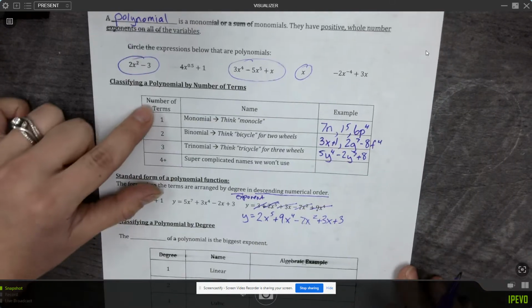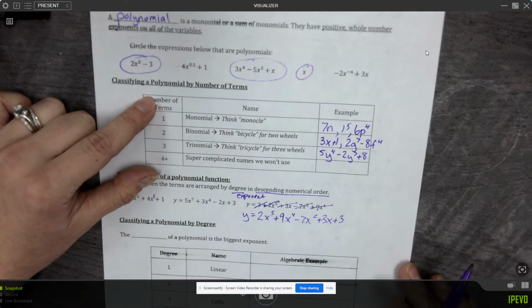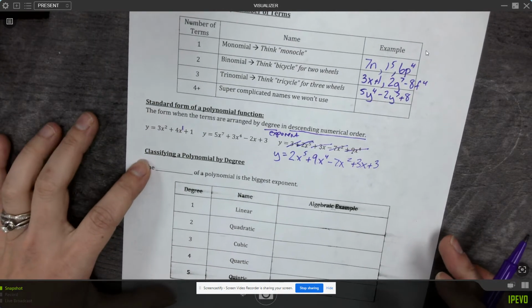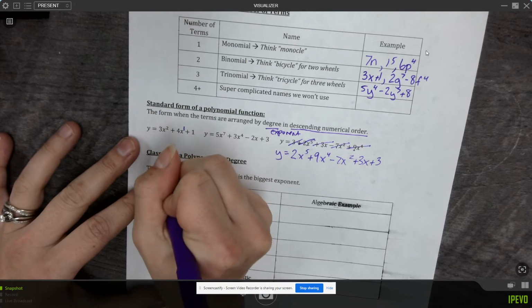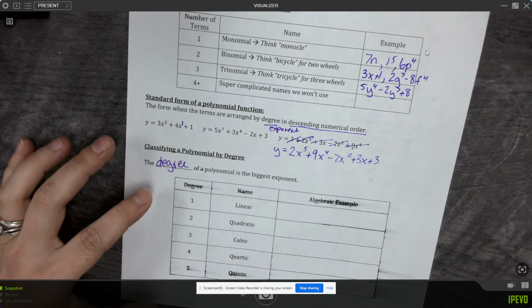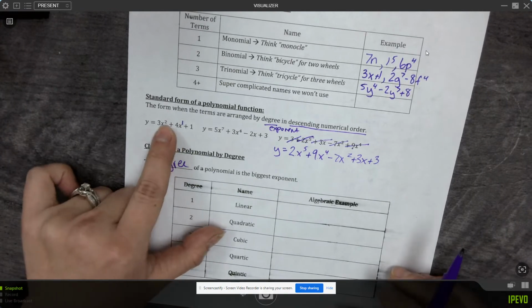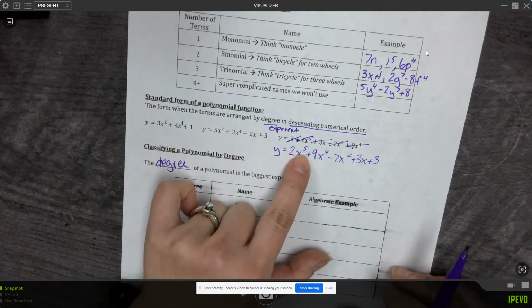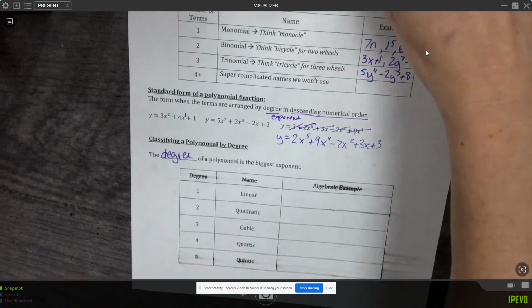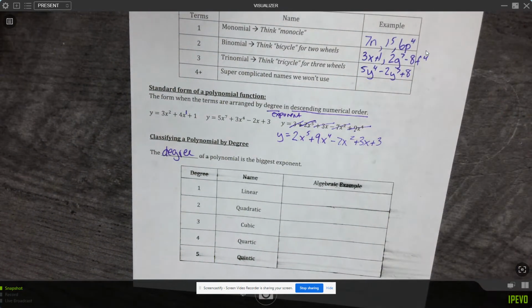All right, so this was classifying based on the number of terms. Just count how many terms there are. But there's also a way to classify by the degree. The degree of a polynomial is the biggest exponent. So 2, 7, 5. We are going to classify these based on exponents 1 through 5.